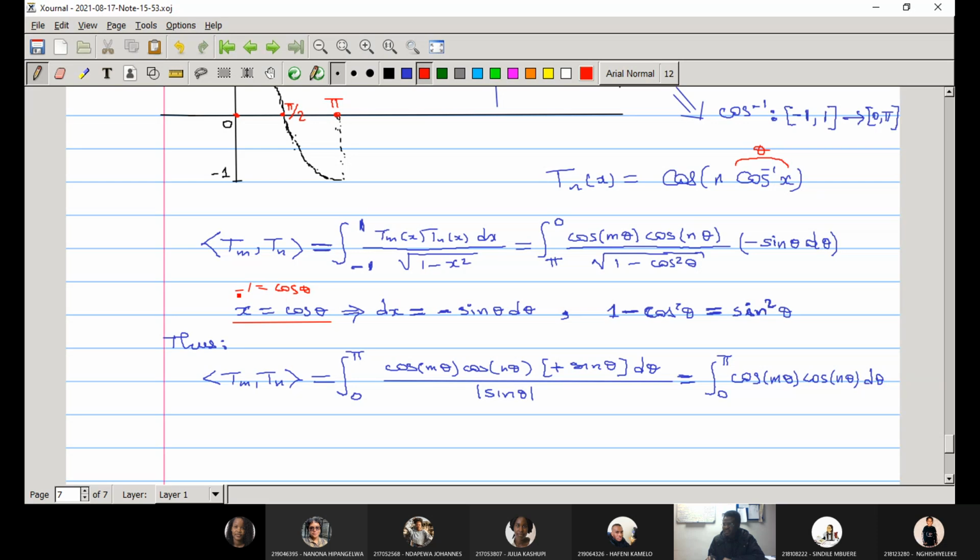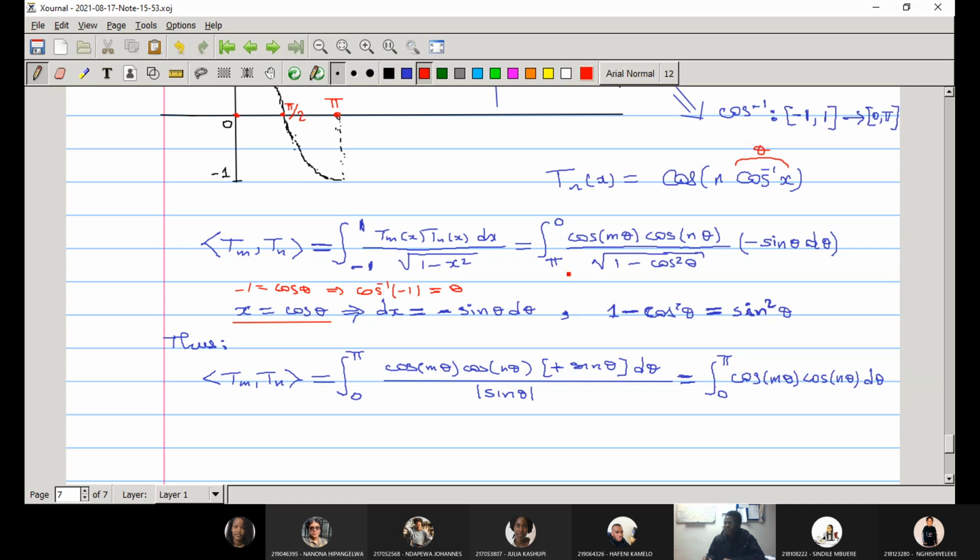So what is theta? Theta will be cosine inverse of negative 1. So what is the angle for which the cosine is negative 1? It is pi, right? Cosine of pi is negative 1.